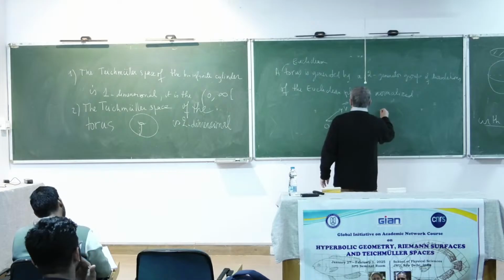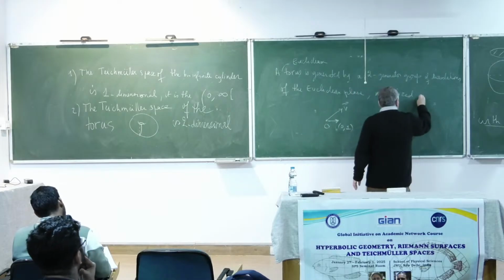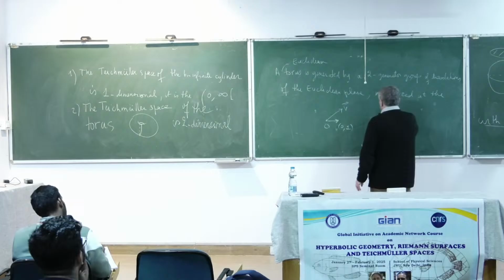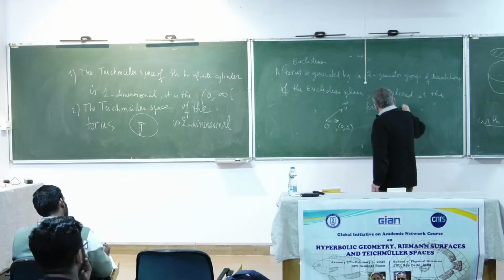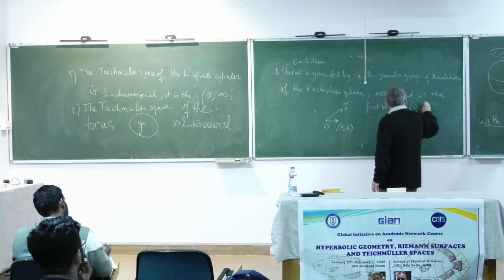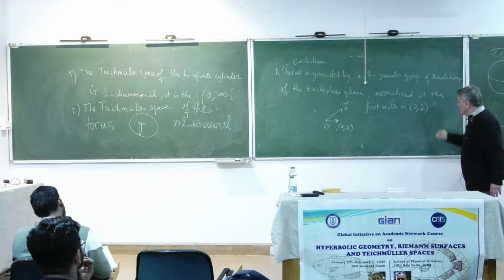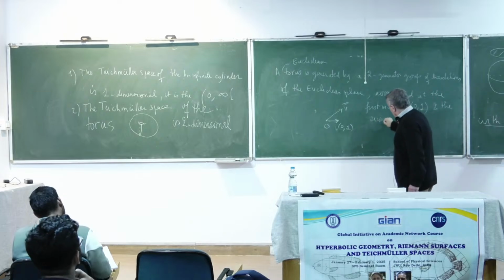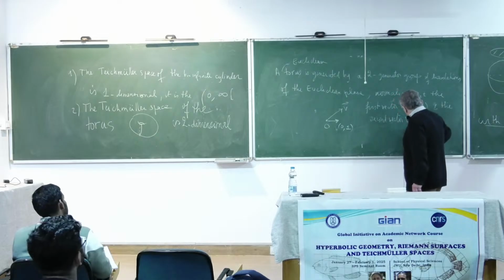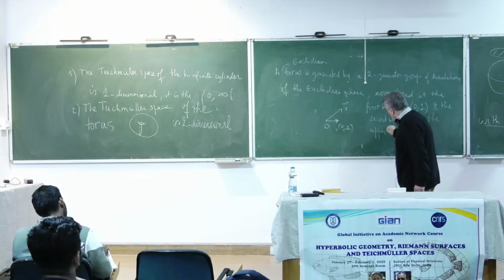So normalized such that the first vector is the vector 0, 1, and the second vector v is in the upper half plane.